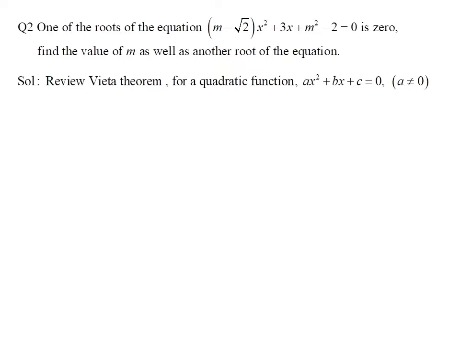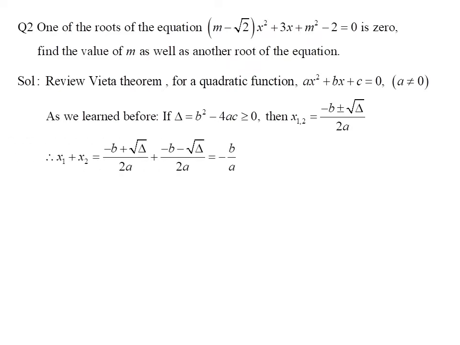As for a standard trinomial quadratic equation, if its discriminant delta is greater than or equal to 0, it has two solutions. One is negative b plus square root delta over 2a, and the other is negative b minus square root delta over 2a.